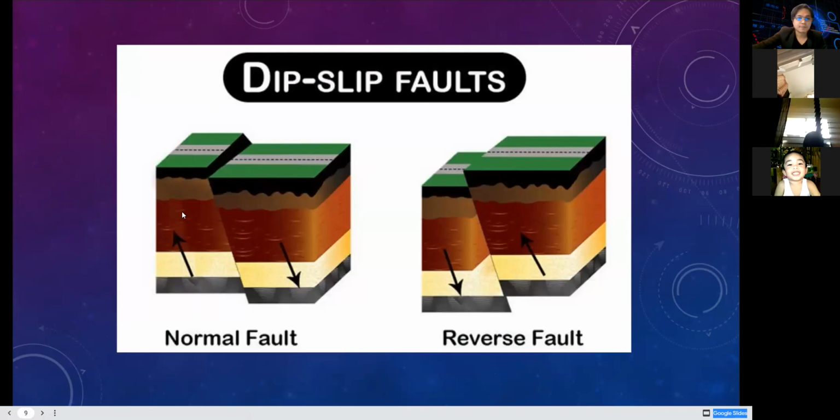Take a look at this. This is the hanging wall and this is the foot wall. In a normal fault, the hanging wall is actually moving downward. But if the hanging wall is moving upward and the foot wall is moving downward, this is a reverse fault.